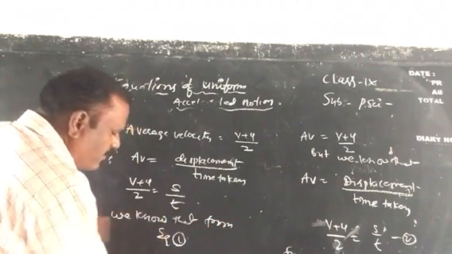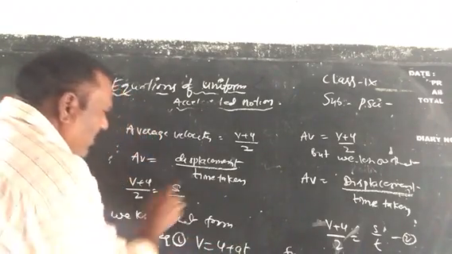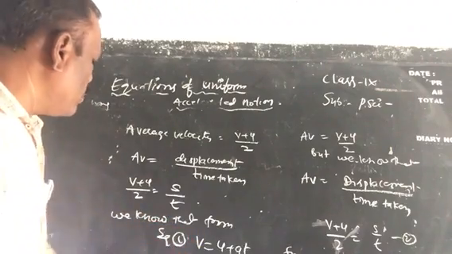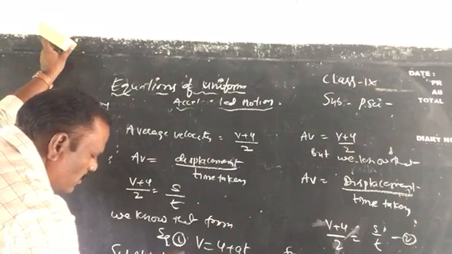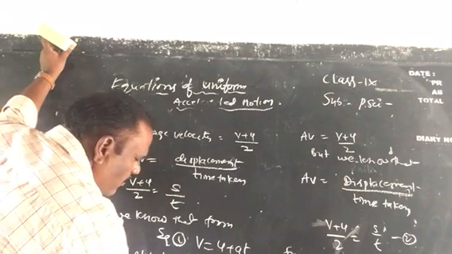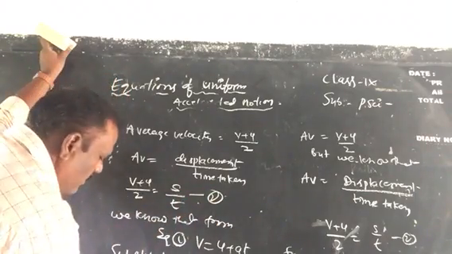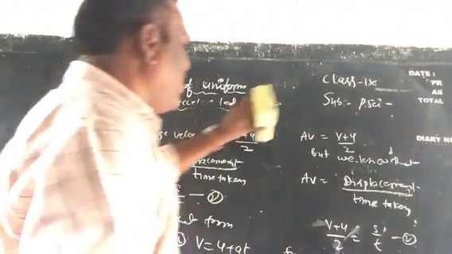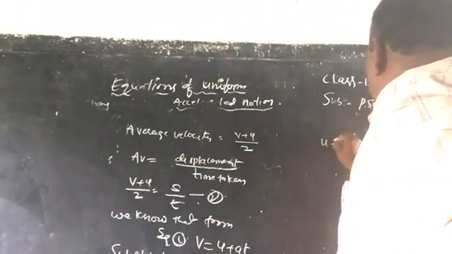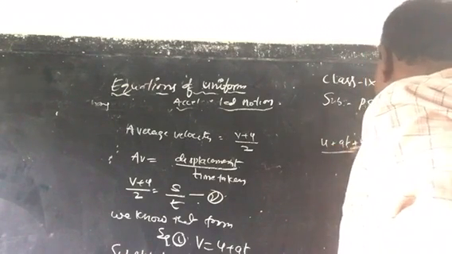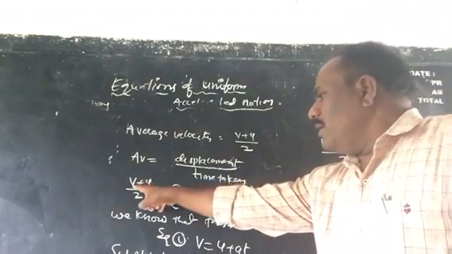We know that from equation 1, v equal to u plus at. Substitute this v value in equation 2. Therefore u plus at plus u by 2 is equal to s by t, because we are substituting the v value in place of v here.